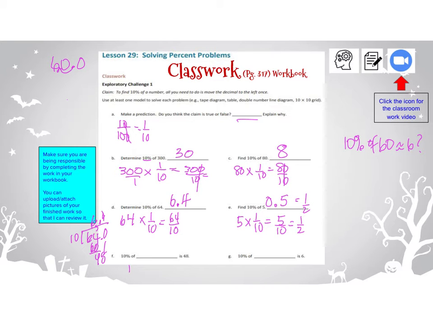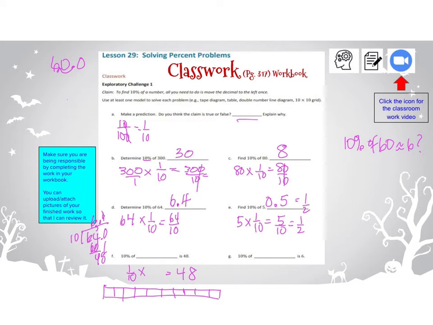Okay, 10% of something is 48. So it says 1/10 times something I don't know is equivalent to 48. Well, let's see. If I had this long tape diagram, and I'm going to go 1, 2, 3, 4, 5, 6, 7, 8, 9, 10.